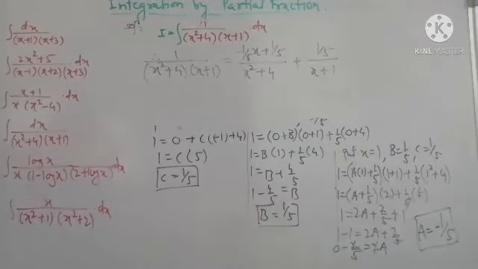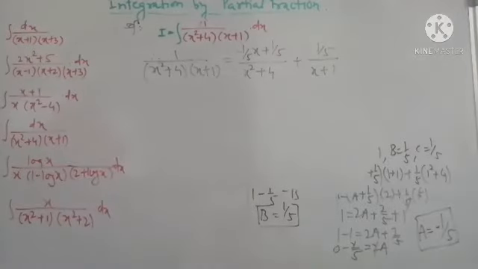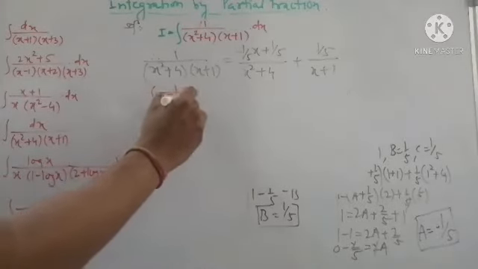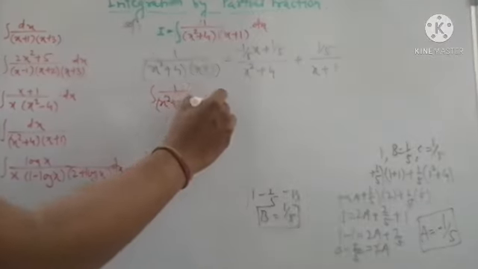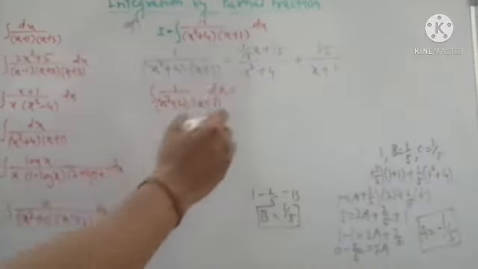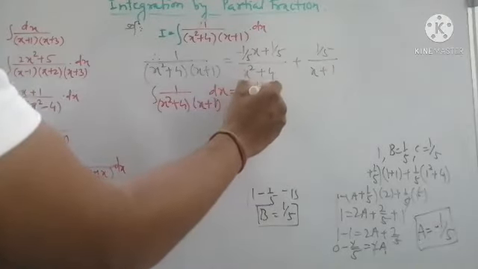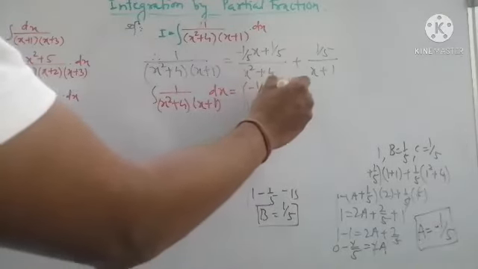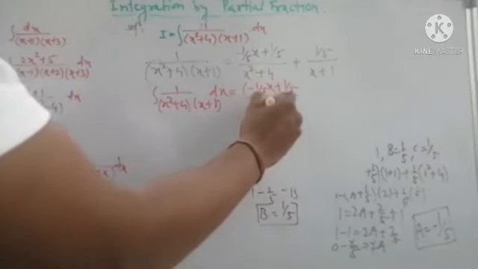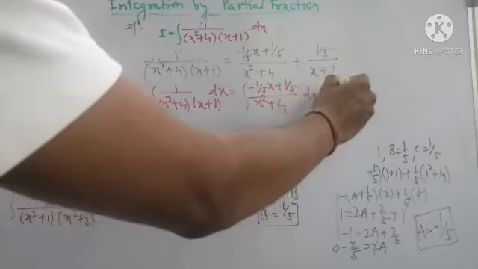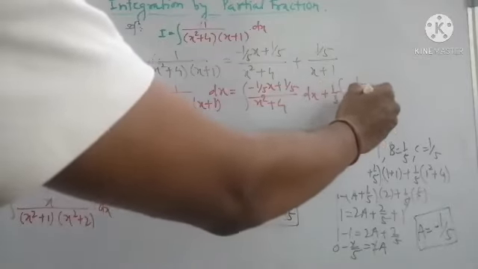Now taking integration with respect to x, we get the integration of 1 upon x square plus 4 into x plus 1 dx. On the right hand side there is the addition of two terms, so we take the integration of the first term, that is -1/5 x plus 1/5 divided by x square plus 4 with respect to x, and in the second term 1/5 is a constant, so the integration of 1 upon x plus 1 dx.